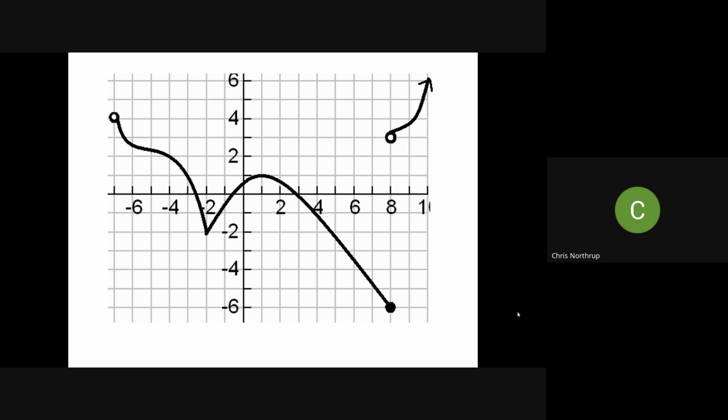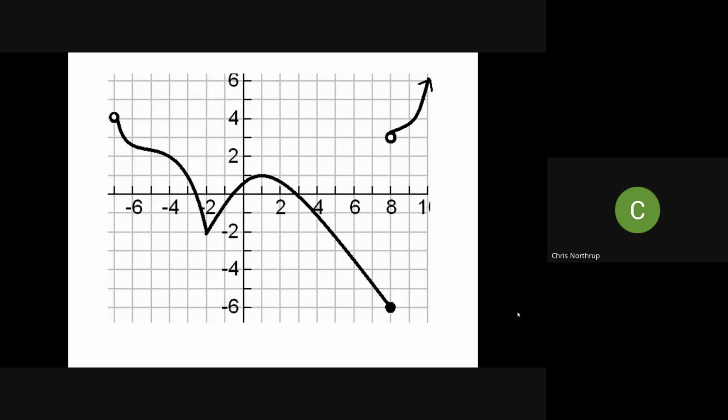However, if I go to the right of -7, I have limits which are equal to the function values. In other words, I could draw the graph from -7 to 8 without lifting my pencil or pen off the page. But once I get to 8, if I want to draw the rest of my graph, I do have to lift my pencil or pen off of the page and then pick back up at that y value of 3 and then draw the rest of it.